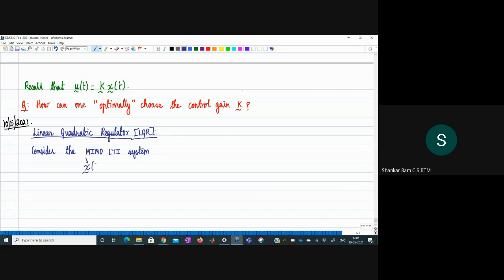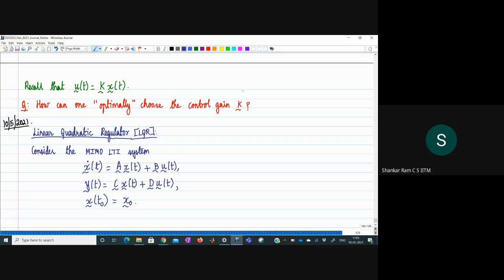We are going to consider x dot of t is equal to A x of t plus B u of t, and y of t equal to C x of t plus D u of t. This is the MIMO system that we want to consider, and we consider that the state starts from some initial state x naught. So the initial value of the state is something.